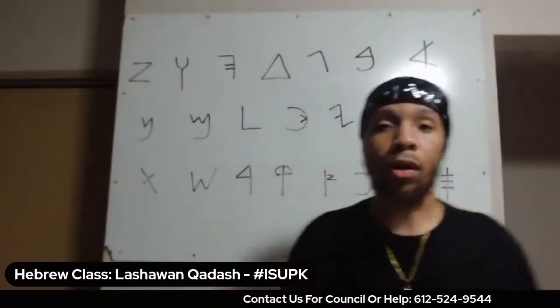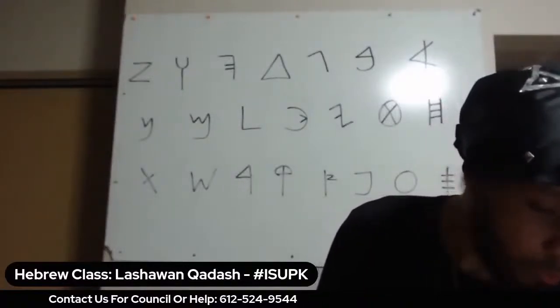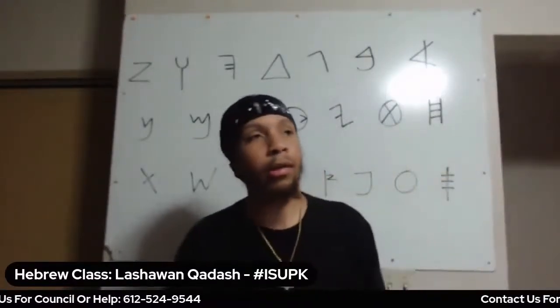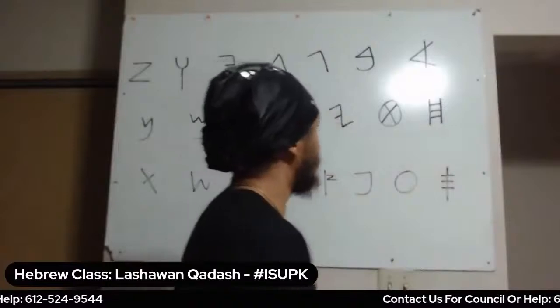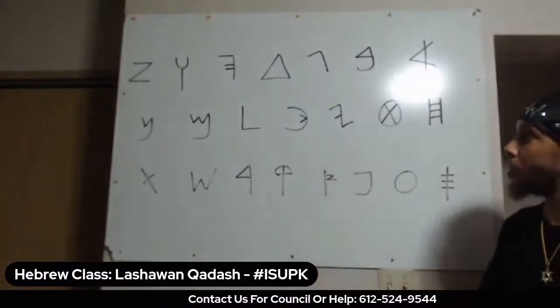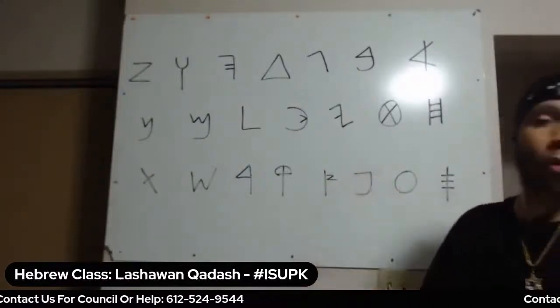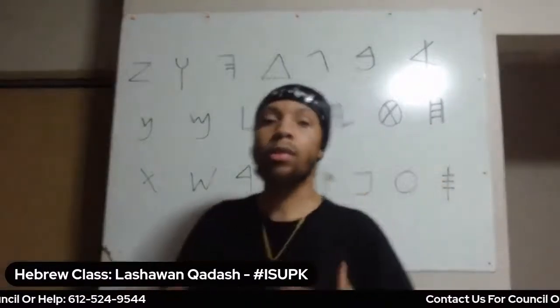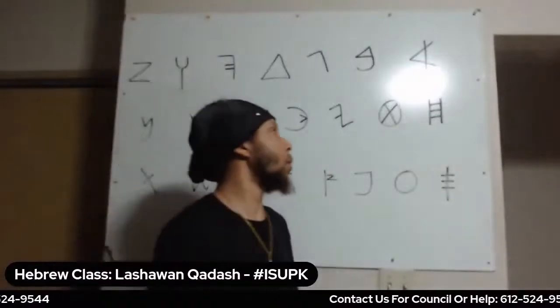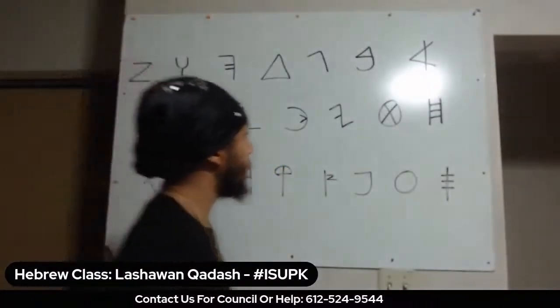We got a lot to actually uncover today. Like I always like to do, I like to go over the alphabet, which is very important because, as you know, this is a language class, the Hebrew class, Lashawan Qadash, which actually means holy tongue. With that being said, we are not going to waste no time.